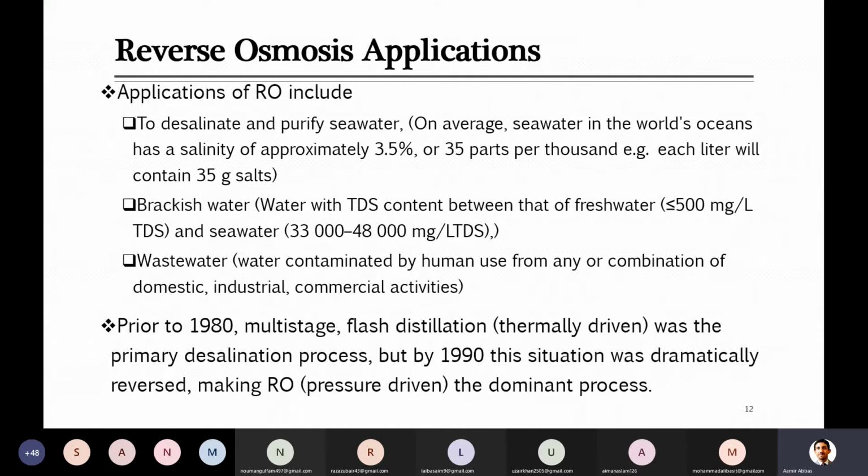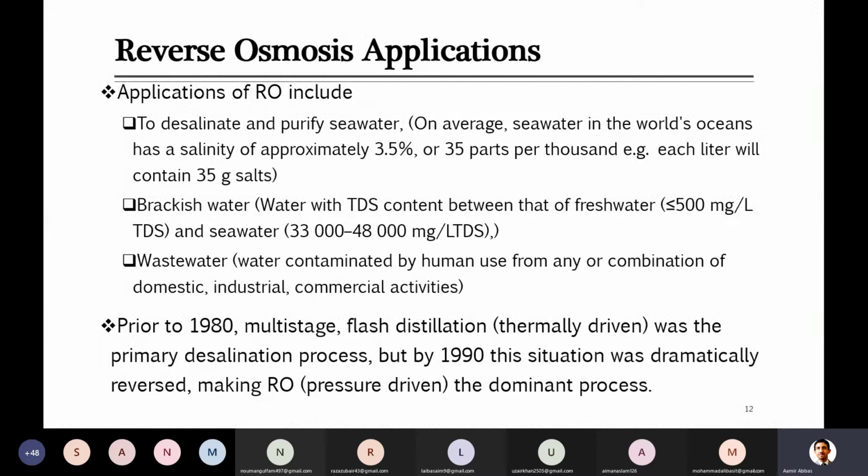That technique was widely used before 1980, but then from 1980, membranes were introduced, because distillation, where you have to evaporate the water, needs a lot of energy as compared to the energy needed in reverse osmosis application.